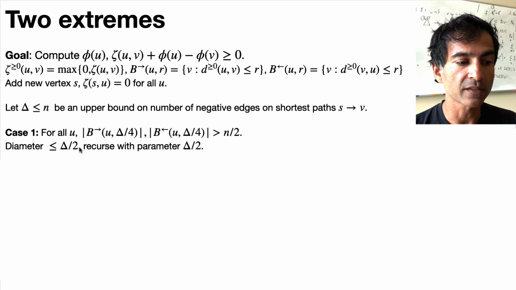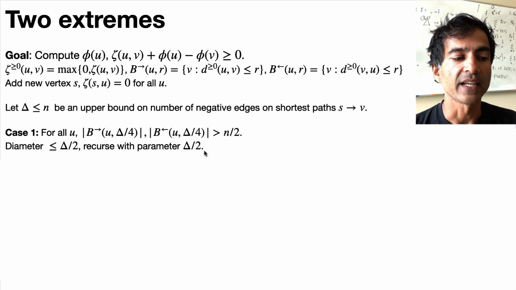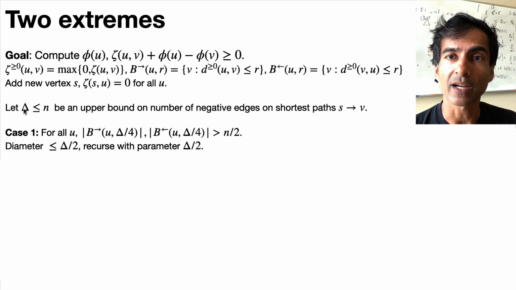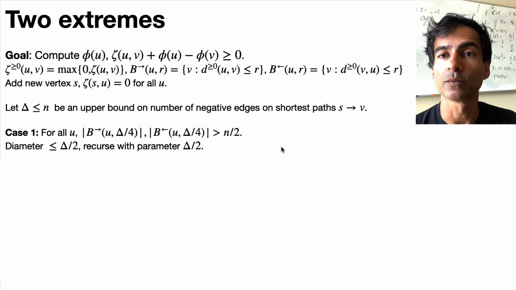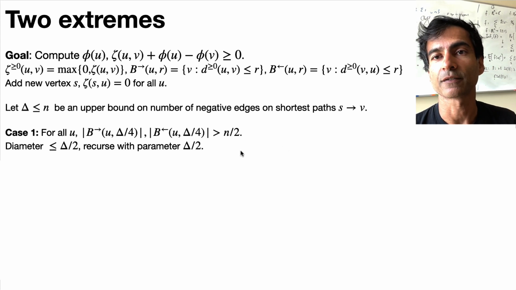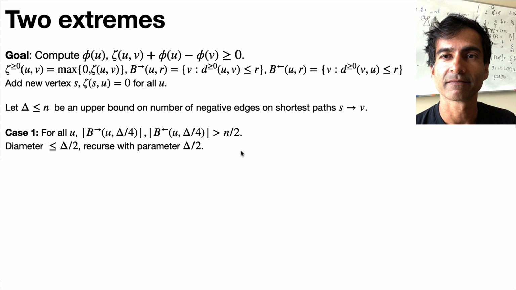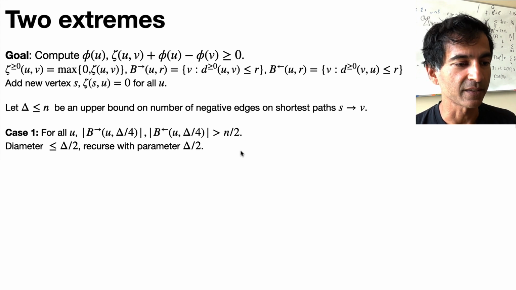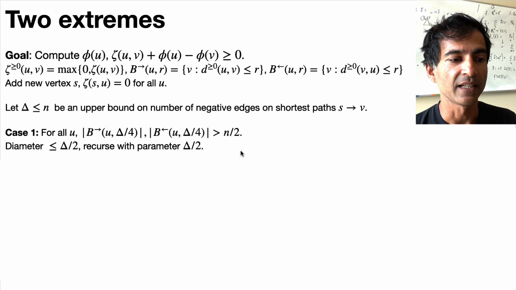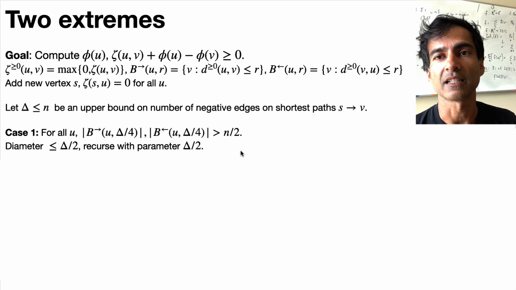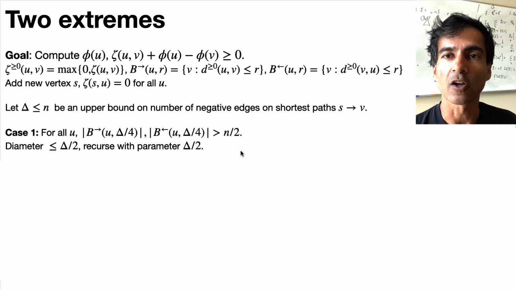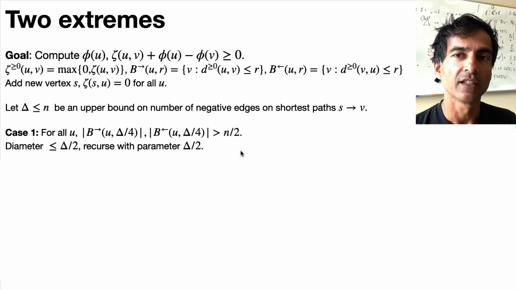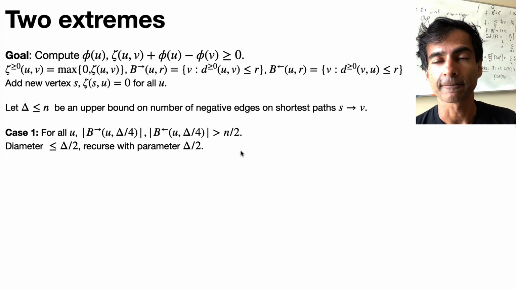And so we can just recurse. We know that the parameter delta is a weak upper bound. There's a stronger upper bound of delta over 2, and we can recurse on the graph with that parameter instead. Okay, so that's good. You cannot do that recursion too many times, because we reduce delta by a factor of 2. It starts out bounded by n, so after log n such recursive steps, the algorithm must terminate.